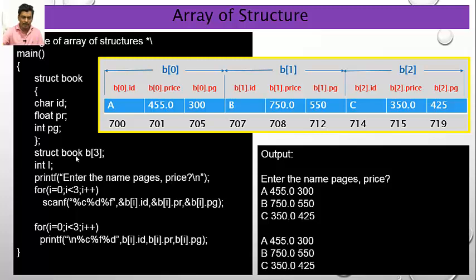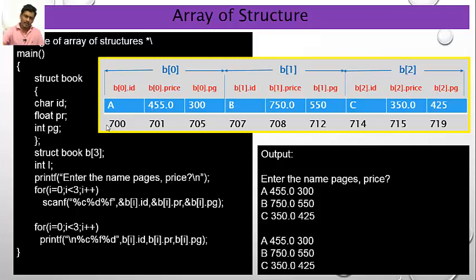What is the memory mapping for that array of structure? b of 3. The total variable name is b. b of 0 consists of 3 members: b of 0 dot id, b of 0 dot price, b of 0 dot pg. Then b of 1 is the next location of the structure array. b of 1 also consists of 3 members: b of 1 dot id, b of 1 dot price, b of 1 dot pg. b of 2 is the third location of the structure array: b of 2 dot id, b of 2 dot price, b of 2 dot pg.